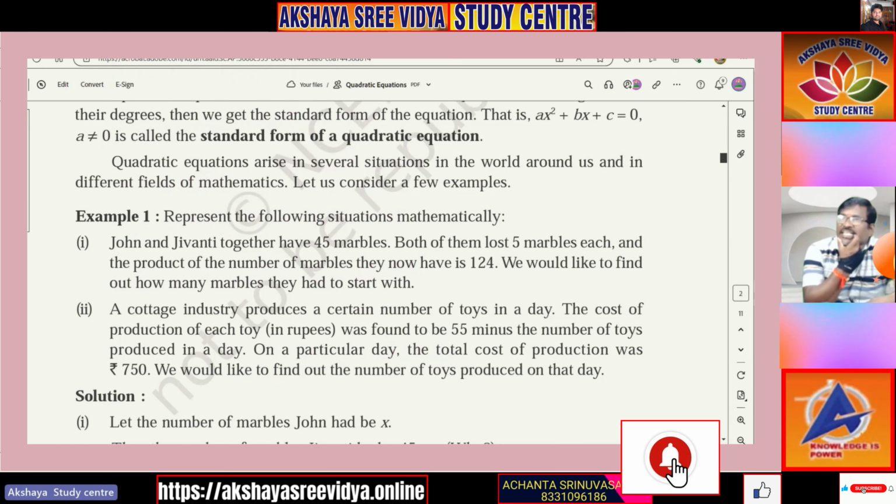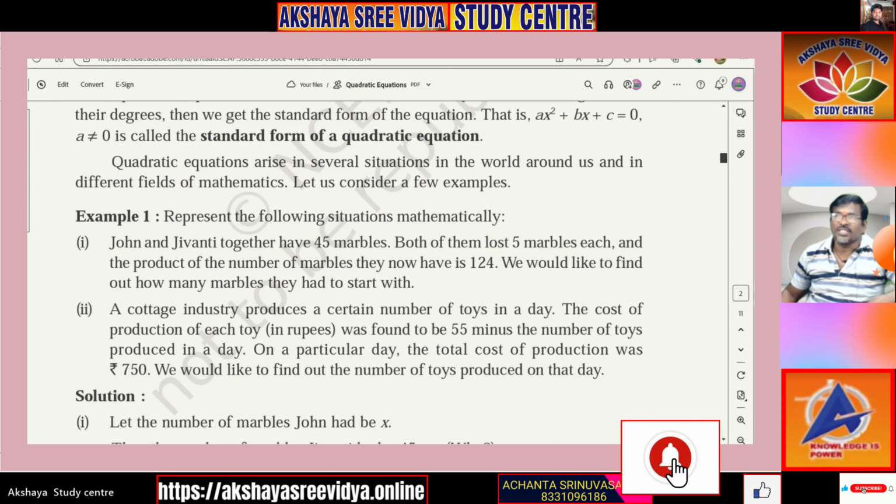A cottage industry produces a certain number of toys in a day. The cost of production of each toy in rupees was found to be 55 minus the number of toys produced in a day.